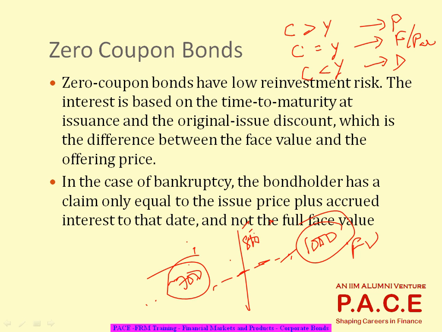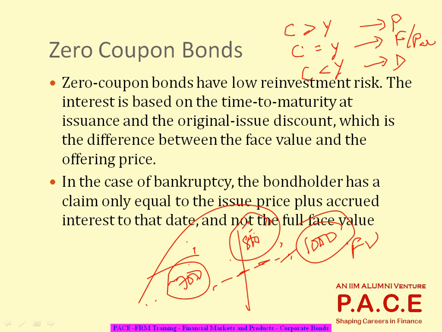Now the company has defaulted. So what is that amount you have to get? You will get only 810 out of it. If the company has defaulted and let's say all the company's assets are sold off to make your payments, you will get 810 only out of that.